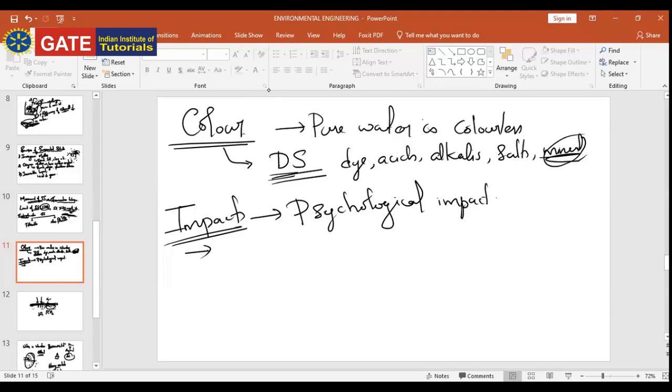So I cannot use this water for washing or dyeing industry. Washing includes laundry also. Okay, for laundry purpose or for dyeing purpose, we won't be able to use this kind of colored water. Got it?